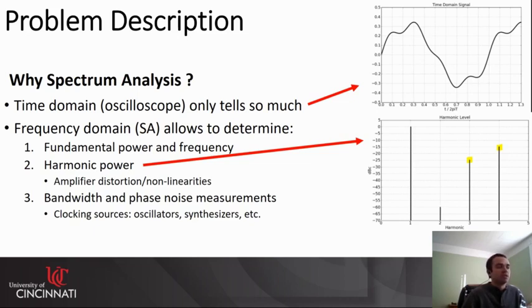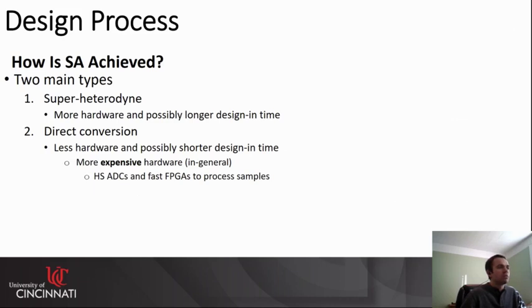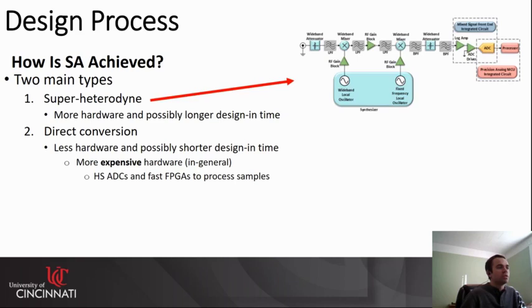So continuing, I talked about why we do spectrum analysis. Let's get into how spectrum analysis is actually achieved. There are two main architectures for spectrum analysis, one being a superheterodyne type and the other being a direct conversion type. The main difference is that the superheterodyne architecture has several frequency translation stages, where the direct conversion only has one conversion stage.